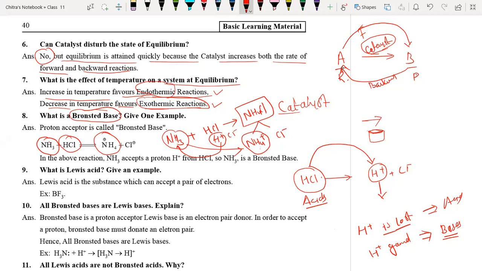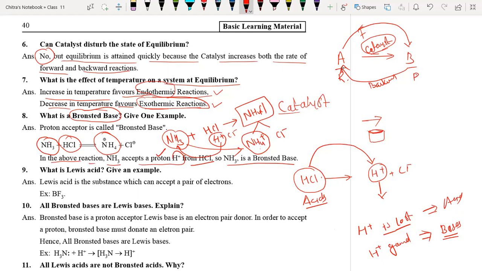That's why it is called a Bronsted base. So in the above reaction, ammonia accepts H positive ion, meaning proton, from HCl. So NH3 is the Bronsted base. Just remember the definition: whenever a substance accepts H positive ion, it must be the base according to Bronsted. Okay, everyone.